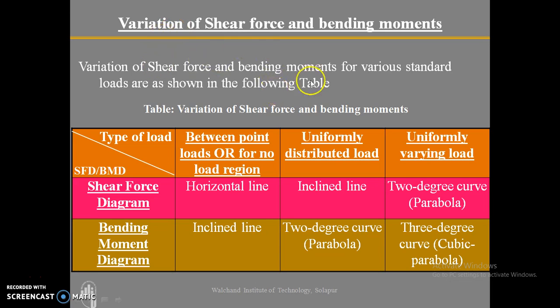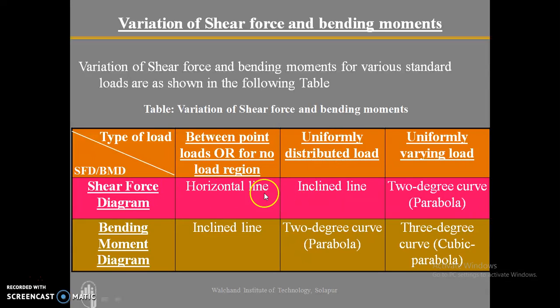Now these are some guidelines for the variation of shear force and bending moment diagrams. For standard loads, how will these diagrams look? Here you can see the type of load on the horizontal axis, and the shear force and bending moment diagrams alongside. For example, between point loads or for no load regions, the shear force diagram is always horizontal.